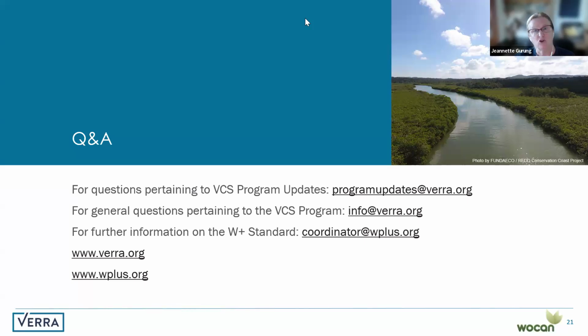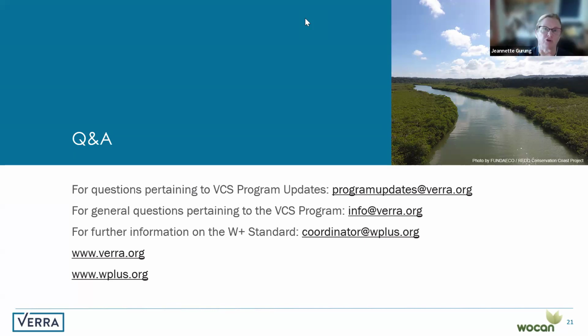It's been a long 10 years of trying to build the market demand for this. It's innovative. I can tell you confidently that in the last 1 year or 2 years, there has started to be this request from buyers for these gender co-benefits. And also to say that the W+ has 2 ways to be used.